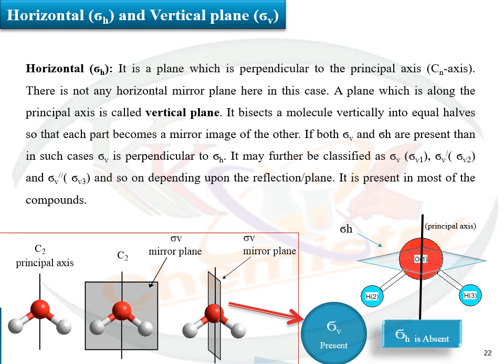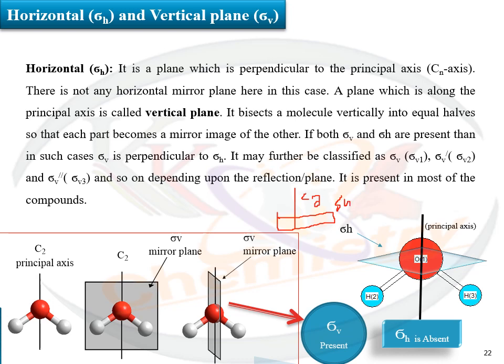Like you have a principal axis, suppose this one, like C2, and you just put a plane over here or bisect a molecule, then this plane is called a horizontal plane or sigma h.